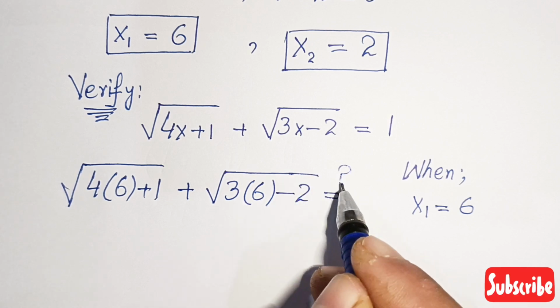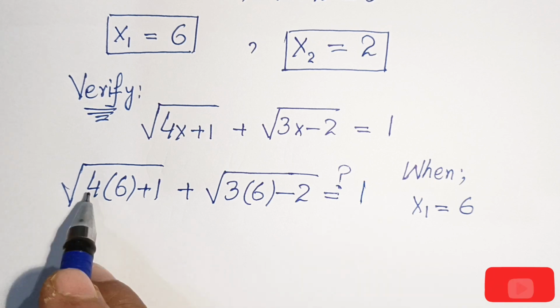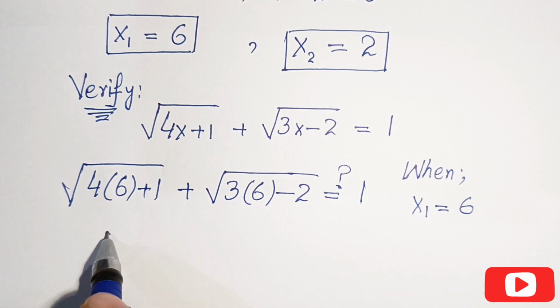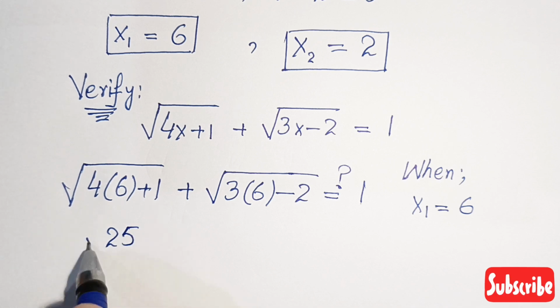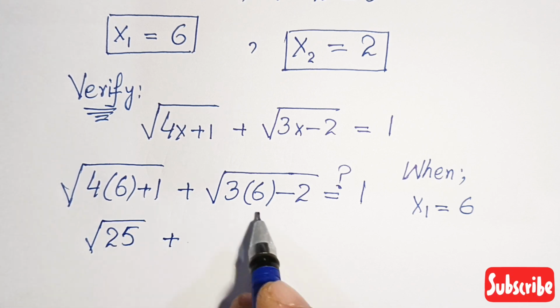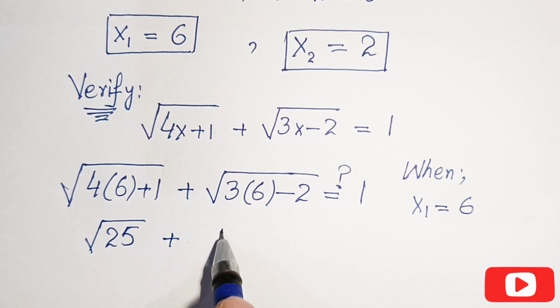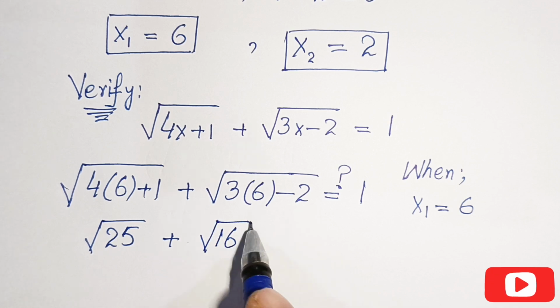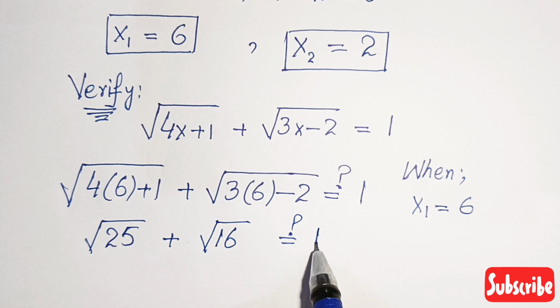Is it equal to 1? Now 4 times 6 is 24 plus 1 is square root of 25. Similarly here we have 3 times 6 is 18 minus 2 is square root of 16. Is it equal to 1?